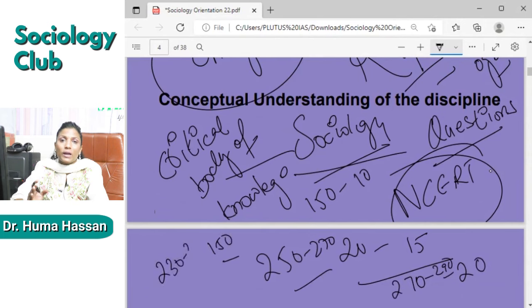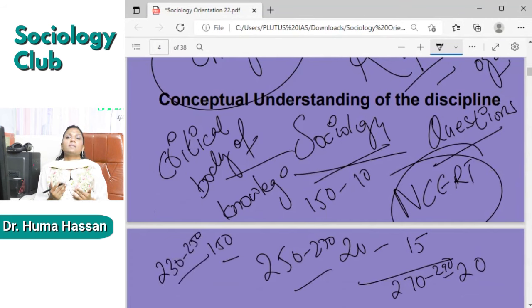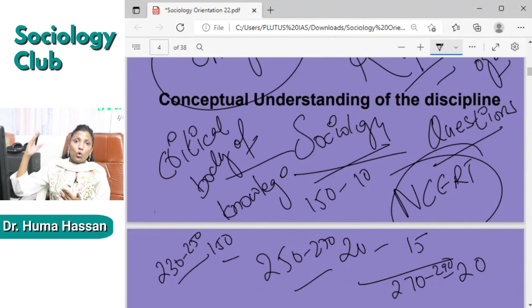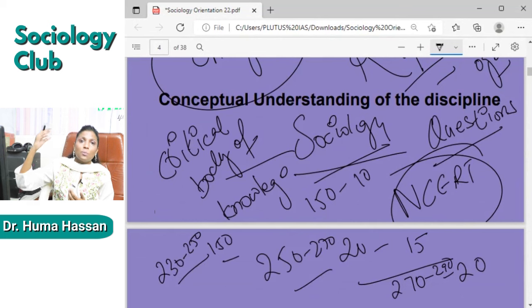Okay, so in this you just need to have a simple understanding. Start with a common understanding, and this is a whole definition of sociology. It's a concept. This is what sociology is doing. And then you can quote thinkers, Auguste Comte, Herbert Spencer.